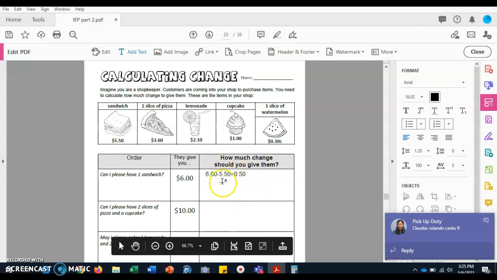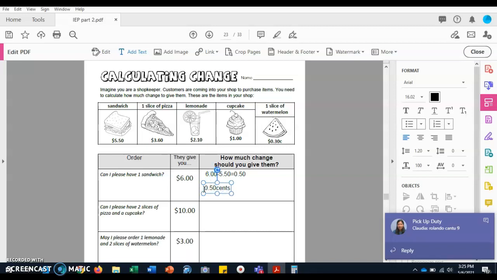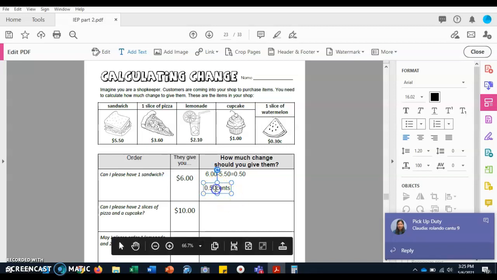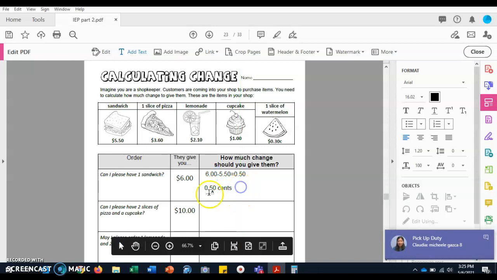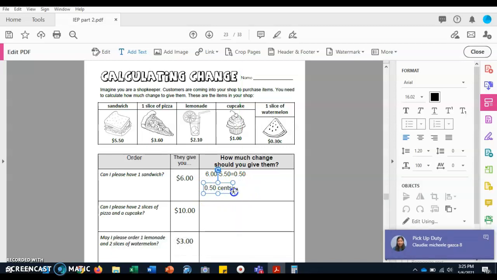So we have to give them 0.50 cents. This is our answer. And here, I'm just going to highlight so I can know the answer.